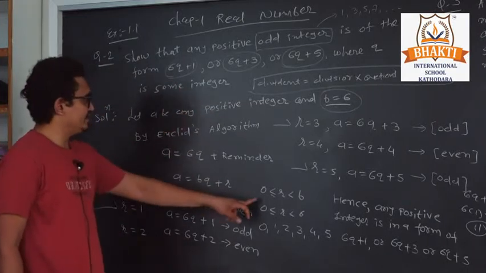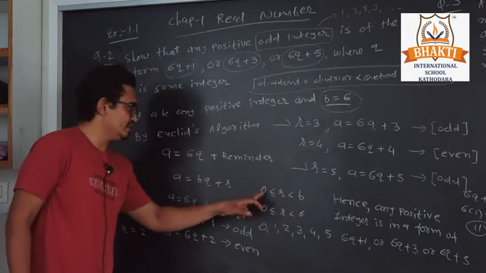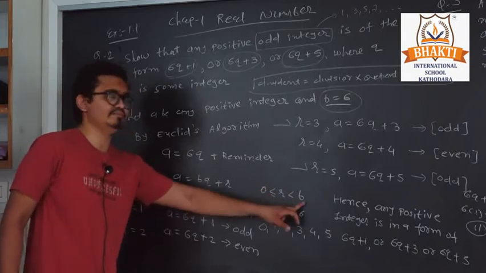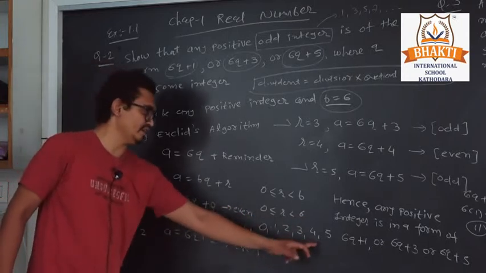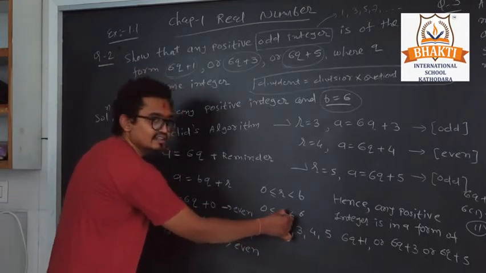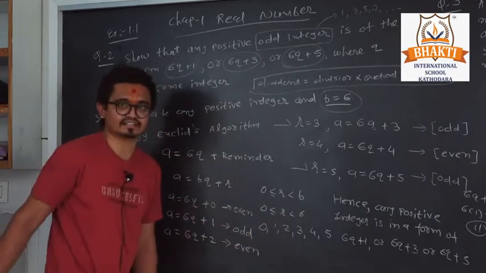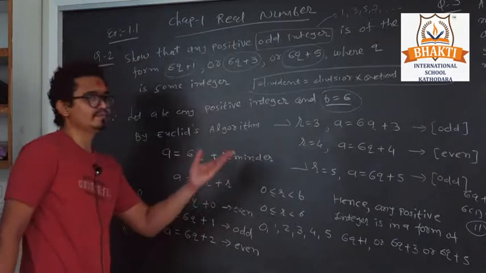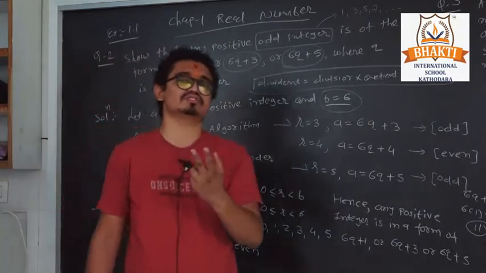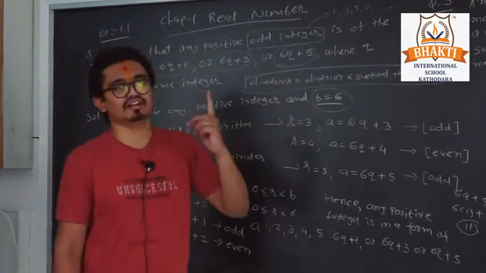And our condition is that the remainder is always between 0 and b. So it is between 0 and 6. So we can get 0 to 5 because it is less than 6. So here we cannot consider 6. We can take only the numbers 0 to 5. Then we will put. We have the same sums in question number 4 and question number 5.